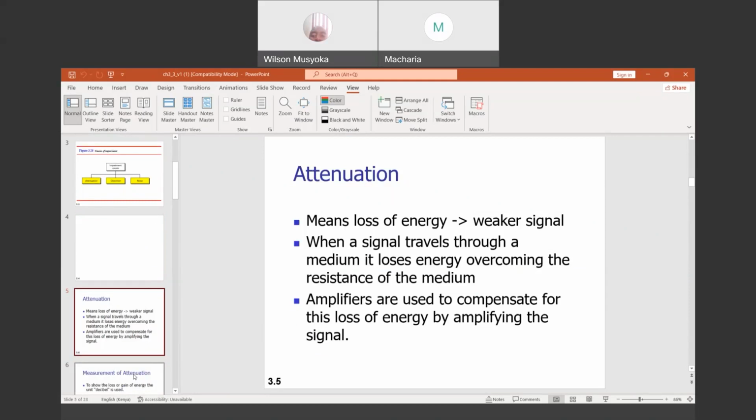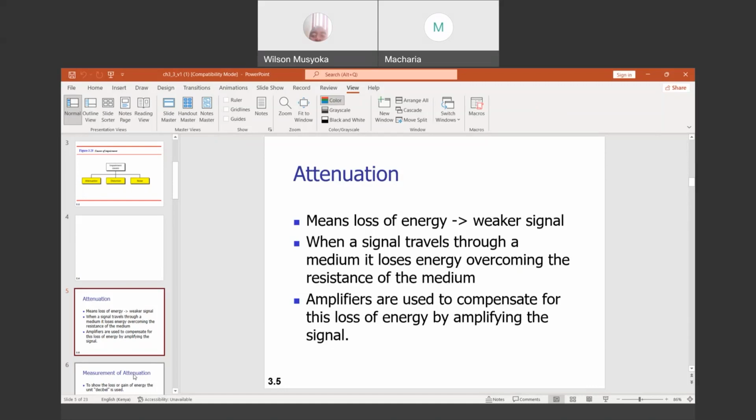It could be in a cable or it could be in the open space, that is wireless transmission. That is why we are saying that with increasing distance, there is loss of energy so that you can overcome the resistance of the medium. And that is why we say the signal has been attenuated.